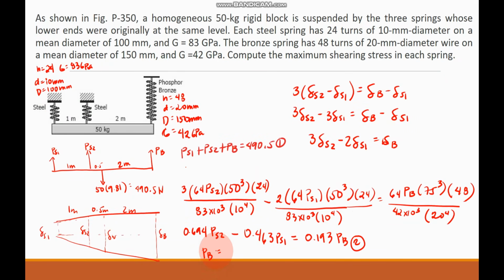PB is equal to 3.596 PS2 minus 2.4 of PS1. So, ito na yung may equation 2 natin. So, yung simplified. So, PB is equal to 3.596 PS2 minus 2.4 of PS1.